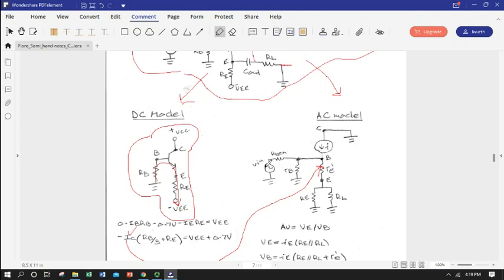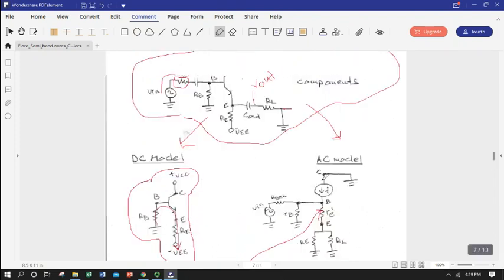The V in at the base looks pretty much the way it did with a common emitter. Instead of a diode, we have our R little e. But when we get to point big E, we have two ways that an AC signal could go. We can go straight through the coupling capacitor and over the load, or we could flow through our emitter biasing resistor straight down through the emitter biasing supply, which looks like a short to an AC signal.